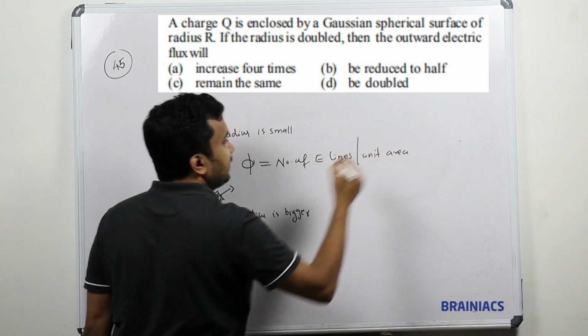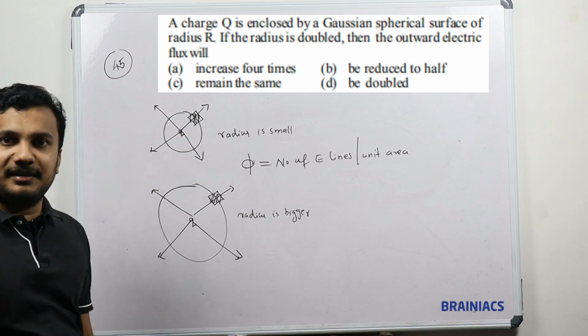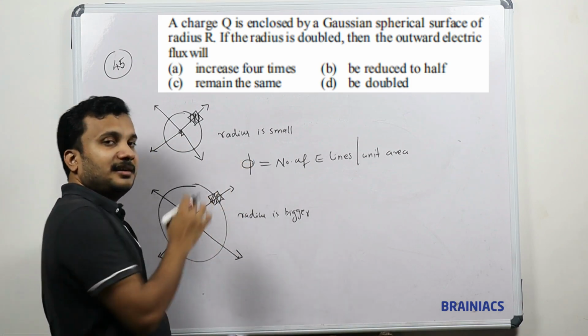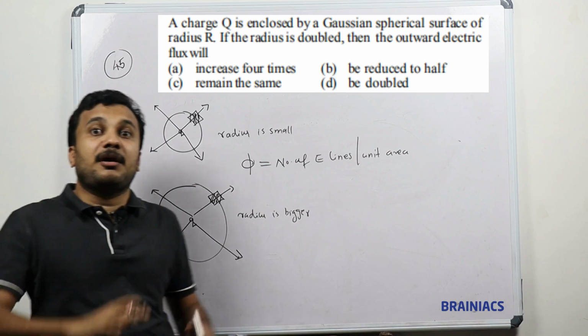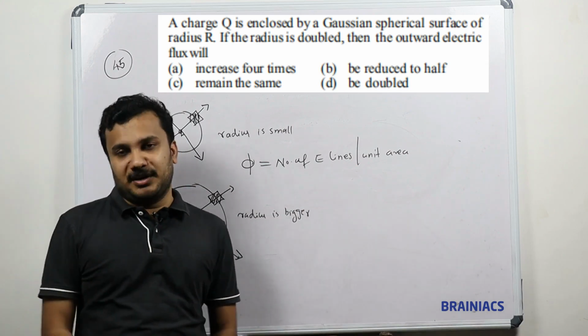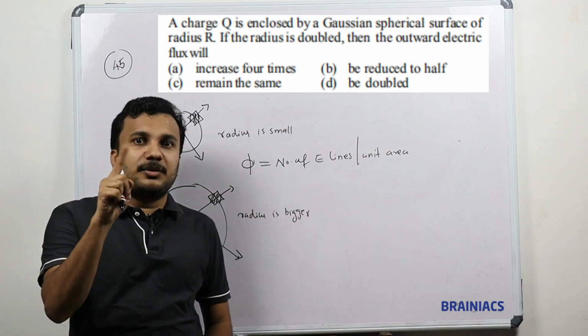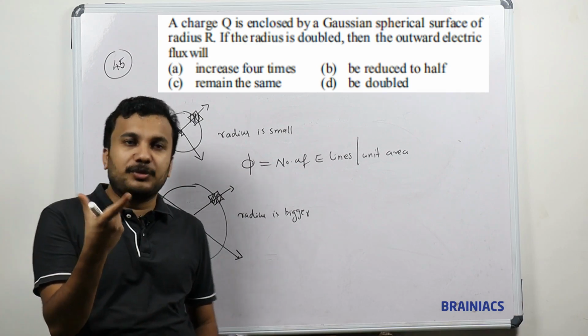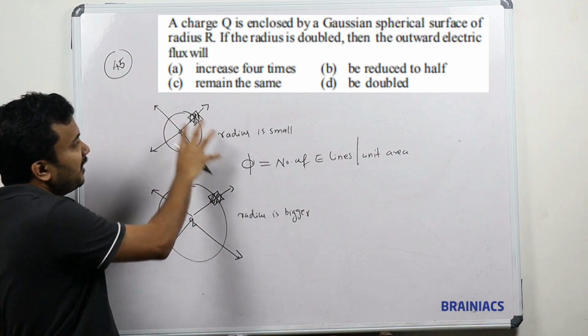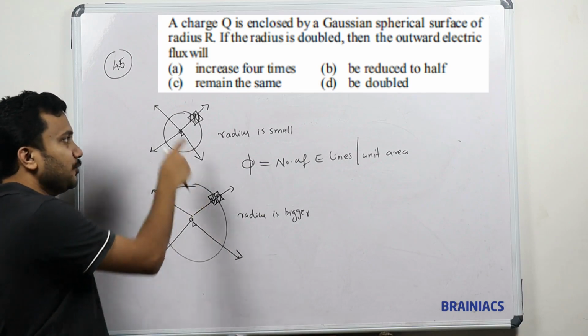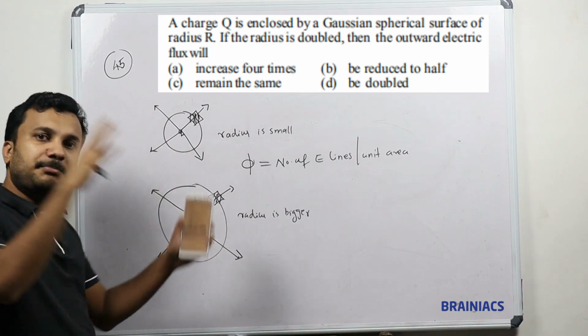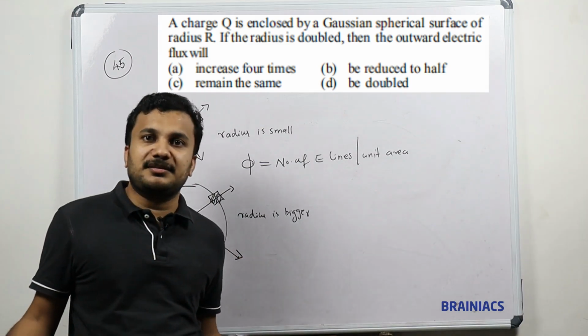Means in 1 meter square, how many flux lines are there, that is called electric flux. It does not depend on how big or small the sphere is. It only depends upon how many charges are present inside. If you place one charge here, or place the same charge in a bigger sphere, your effect will be the same.